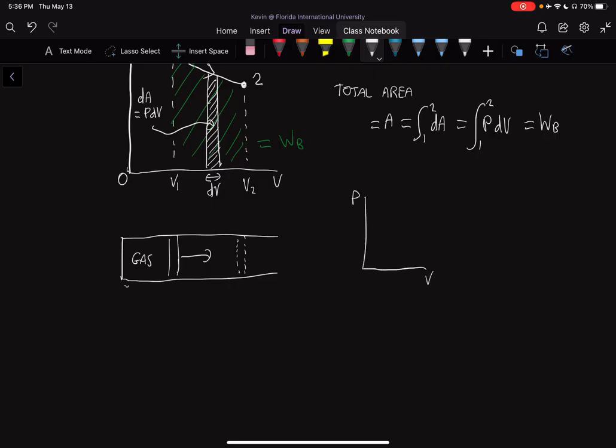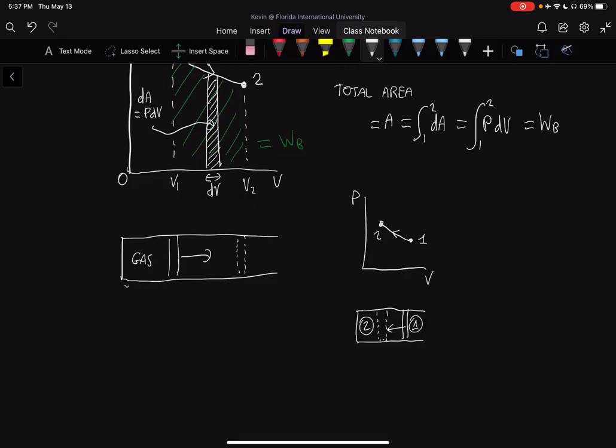If we lay our piston cylinder sideways on the graph and we have a compression this way from point 1 to point 2, our graph would now look something like this. We have 1 to 2, and our path is now going towards the left. So anytime something on a PV diagram is going towards the left, you know you have a compression. Anytime something is going towards the right, you usually have an expansion. Okay, that's a good rule to remember.